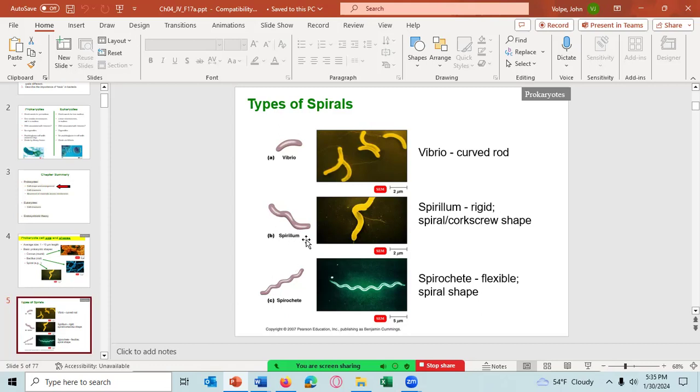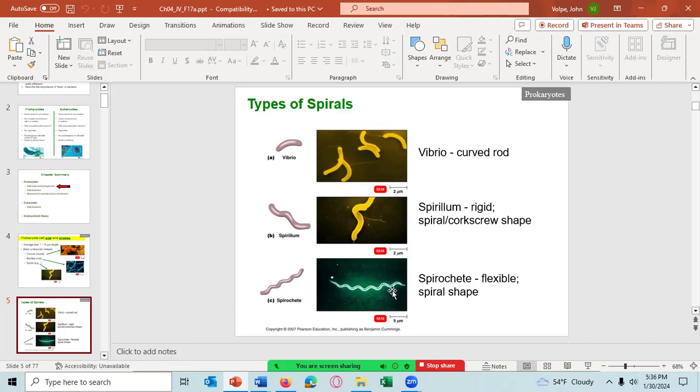There's a little difference in the cells, and that is the spirillum is a rigid cell that can take a corkscrew shape and a corkscrew movement. We'll talk about that later. The spirochete is more flexible, and it has multiple bends.